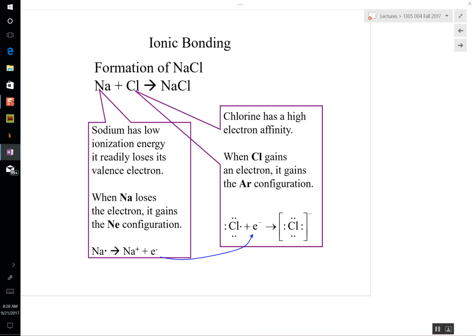If I had a chunk of sodium sitting here, it's not doing anything, because it will only do this in a chemical reaction. But if you take sodium and you bring it into contact with chlorine, all of a sudden there is somewhere for that electron to go. And that's what happens. This thing transfers that electron to this atom to form that ion.